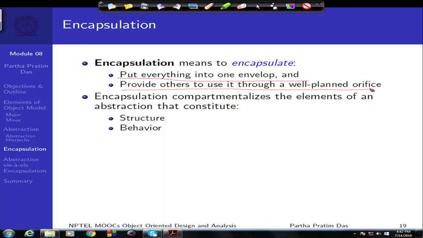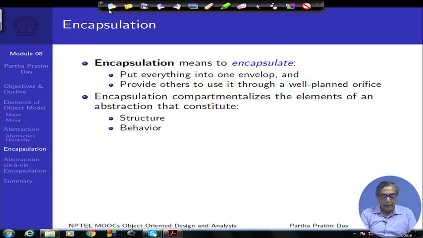One is putting things together as one entity, and the other is mechanisms to provide access to the contents, at times on a selective basis according to a specific plan.